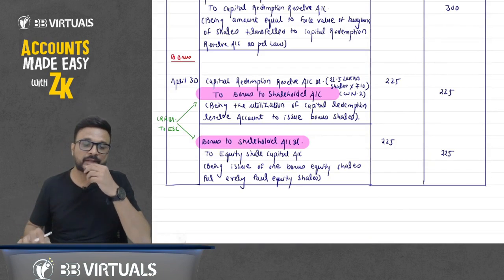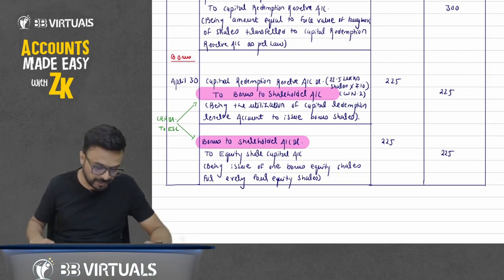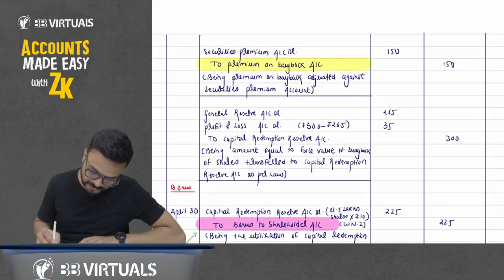Here we have not issued any shares in the market, so there is no increase in capital right now. But there will be. Here you have transferred to CRR account.